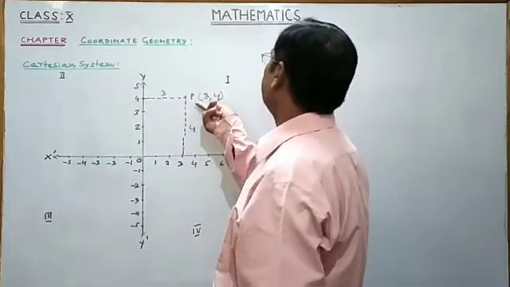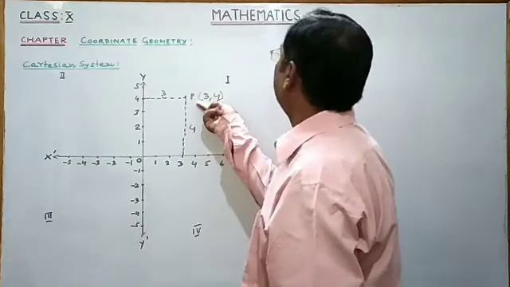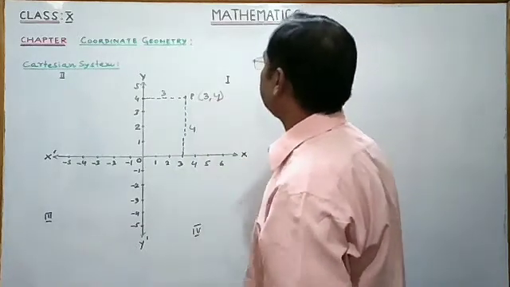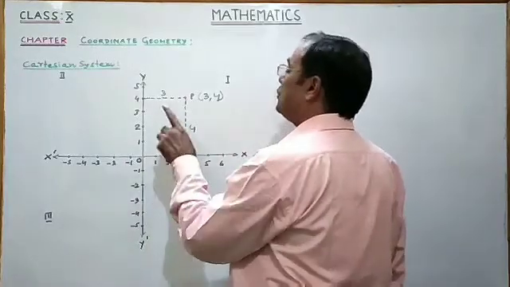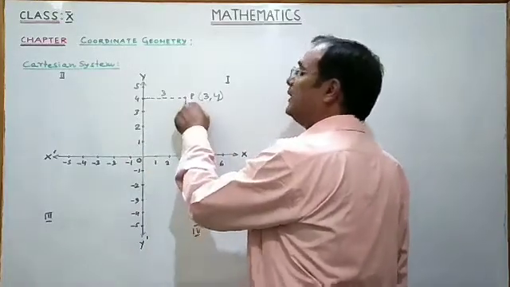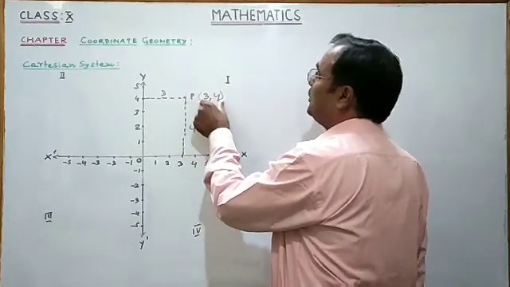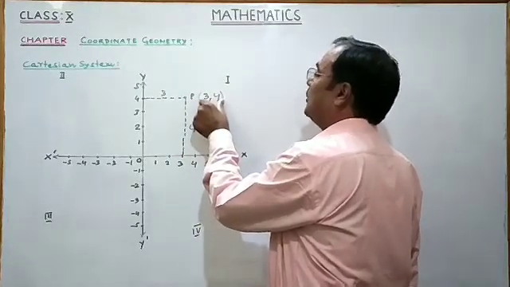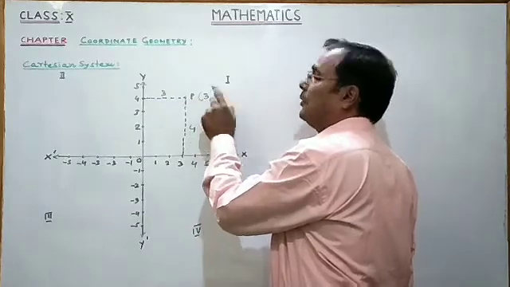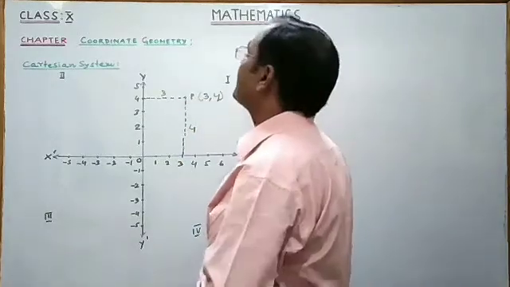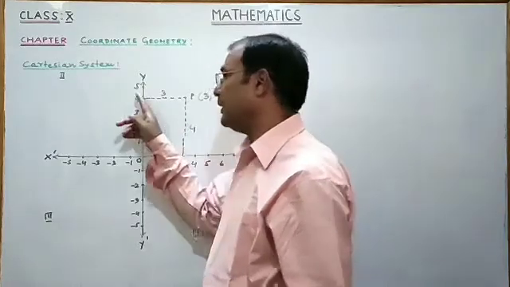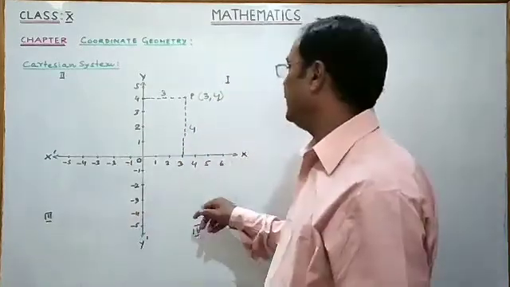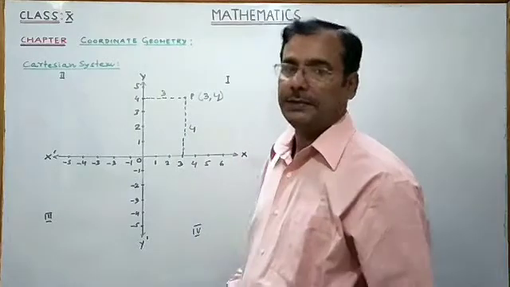In this Cartesian plane, there is no other point than this P which can be represented by the same ordered pair (3, 4). So this way of describing the position of a point in the Cartesian coordinate system is quite unique.